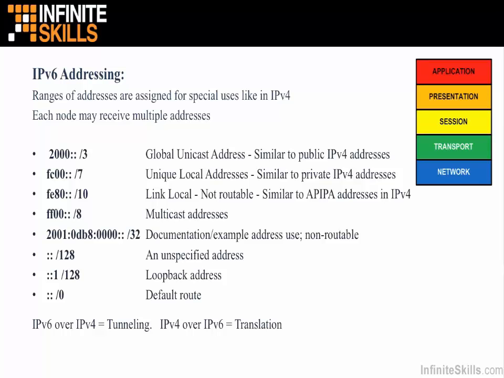If I'm transmitting IPv4 and I bump into an IPv6 only network, then I have to do something called translation, and I translate that IPv4 address into an IPv6 address. So these are some compatibility or interoperability services that are being utilized as we make the transition from IPv4 to IP version 6.